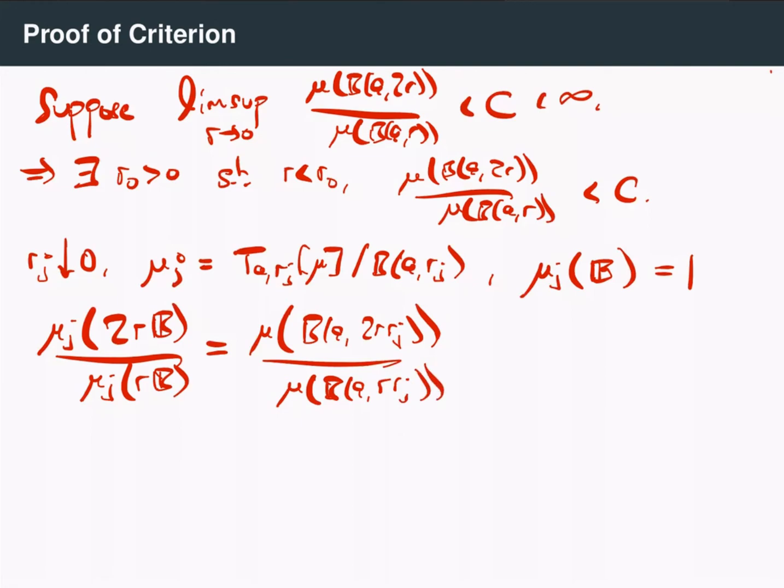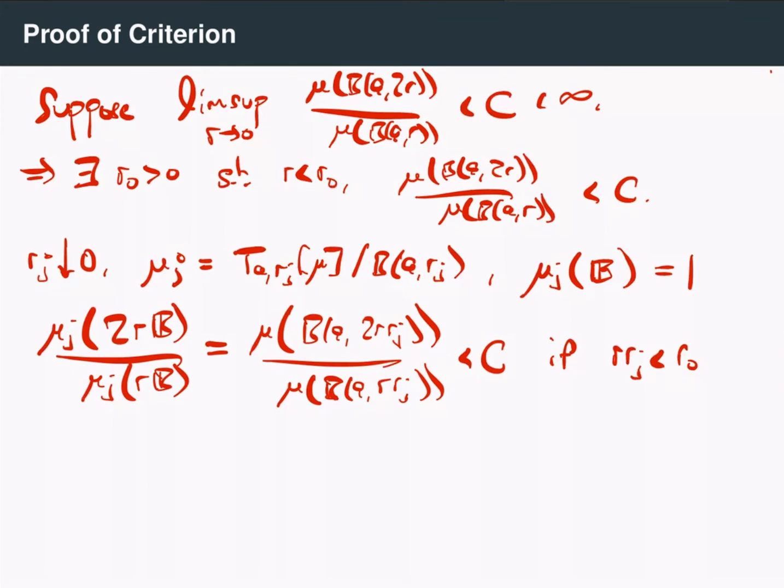And this is going to be less than the constant c so long as rj is less than this number r0, which will certainly be the case for large enough j.